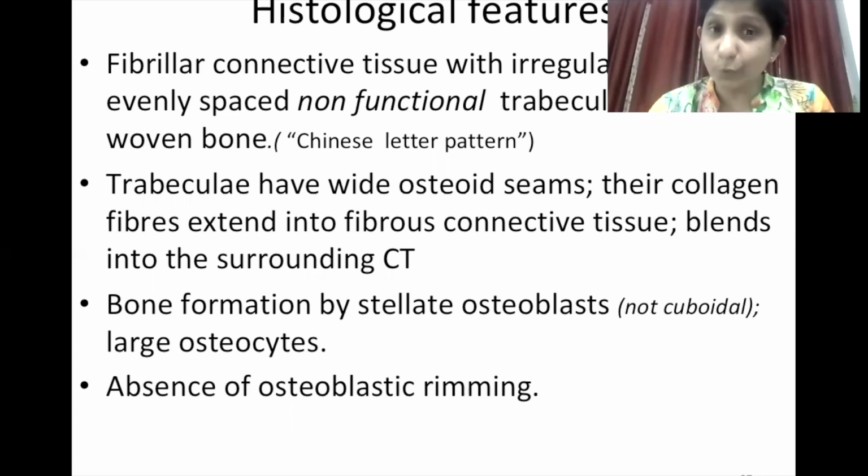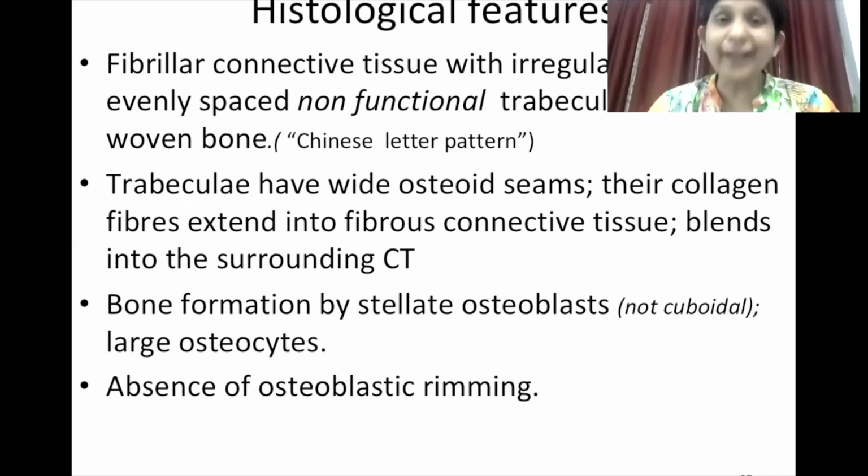Because once that pubertal growth spurt is over, the growth of this fibrous dysplasia will get stunted. Then the surgeon knows how much bone he has to remove as a cosmetic correction or howsoever the patient wants it. So that's why it's very important to know whether it is a fibrous dysplasia or an ossifying fibroma, because the treatment modalities are going to differ considerably on the pathology report which you're going to give.